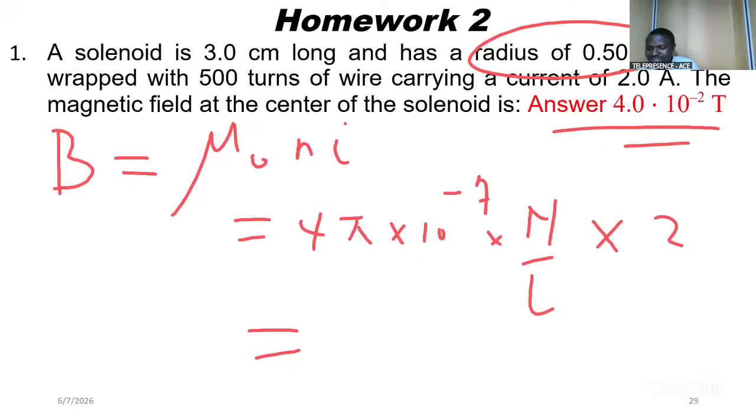Listen to this question carefully. I will read the question all over again. Two long ideal solenoids, bracket open, with radii 10 mm and 20 mm respectively, bracket close, have the same number of turns of wire per unit length.